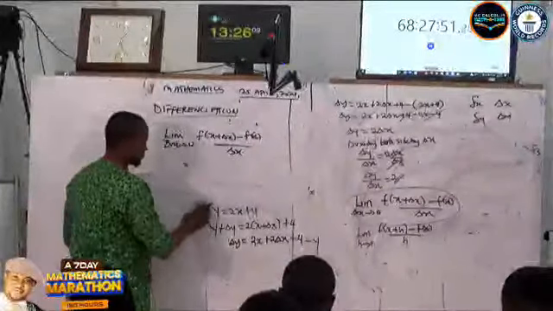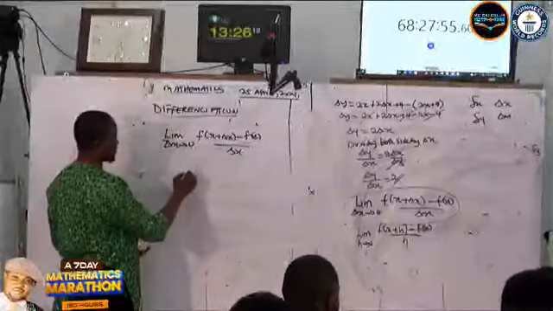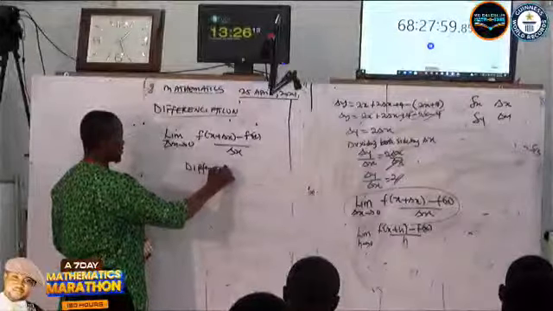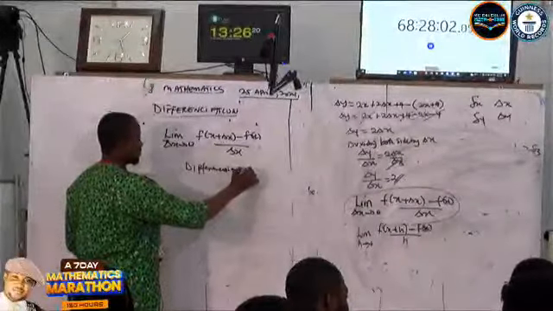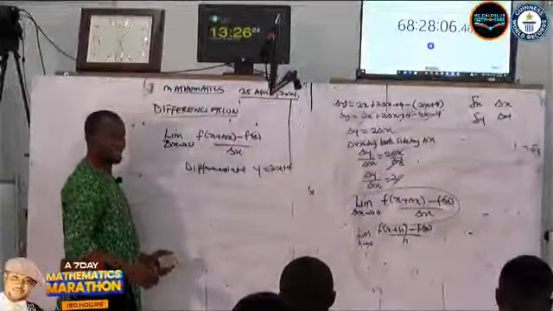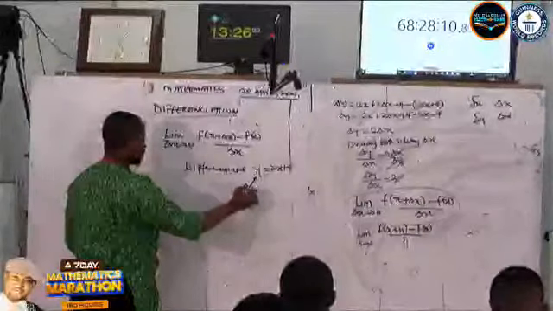So the question I gave to you was differentiate y equals 2x plus 4. I mean, this y equals f of x. This is f of x. The equation I gave you is f of x.